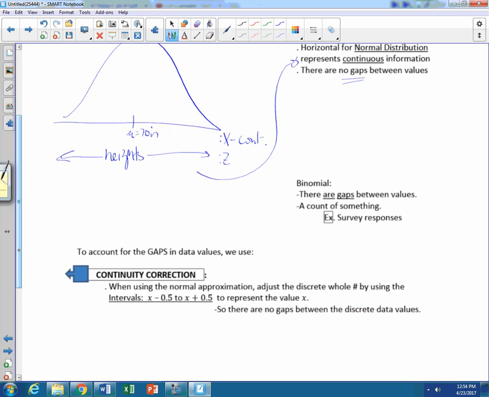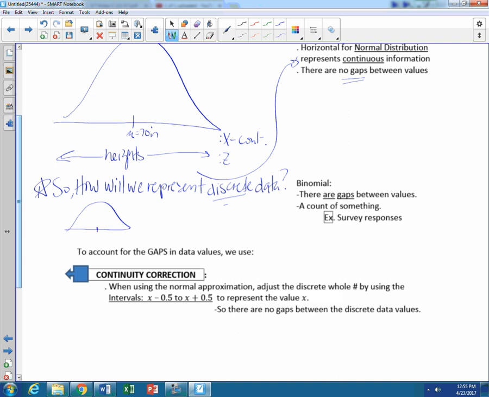So the question is, how will we represent discrete data, individual values on this scale? So let's just consider maybe our x is discrete, and we're talking about number of survey responses.